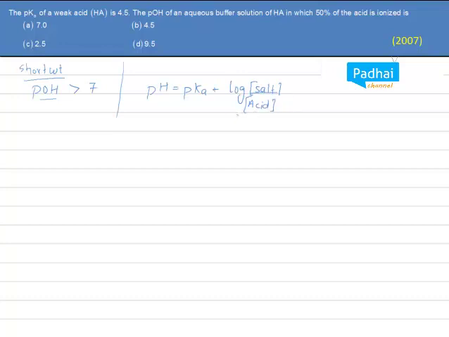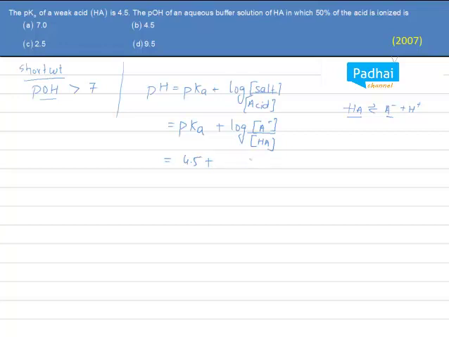So this will be equal to pKa, which is given to us, plus log of A minus divided by HA, because HA is the acid and it is giving way to A minus plus H plus. This is the acid and this is the base, or the salt. pKa is given as 4.5, plus log of salt upon acid.